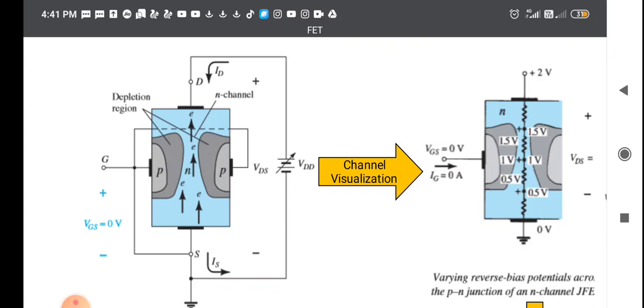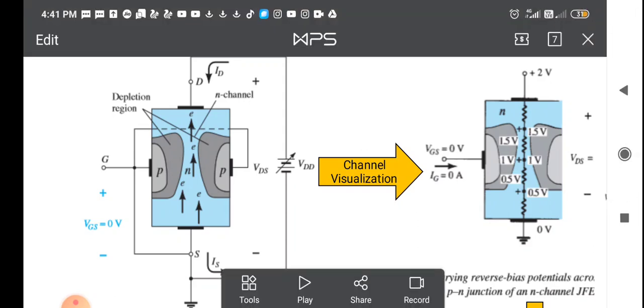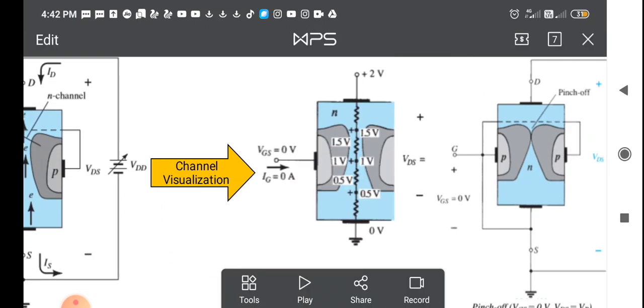Since the potential difference in the upper region is more, because of the larger drain potential, the width of the depletion region is more there. But on the lower side, the width of the depletion region is very small because of the low potential difference. So the width of the channel does not remain constant. On the upper side, it is narrower as compared to the lower side.